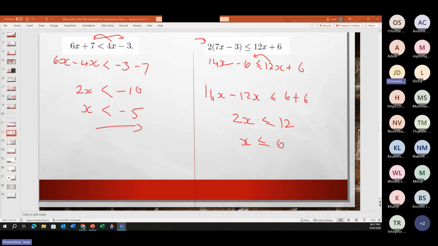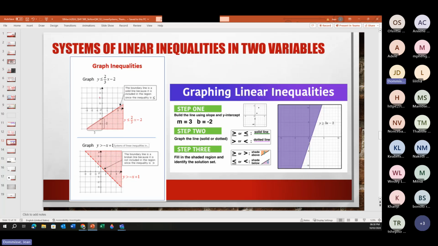Okay, so let's get to nearly the last set of questions. So it will be around the systems of inequalities in two variables. Here is again where there are two ways that they can ask it.